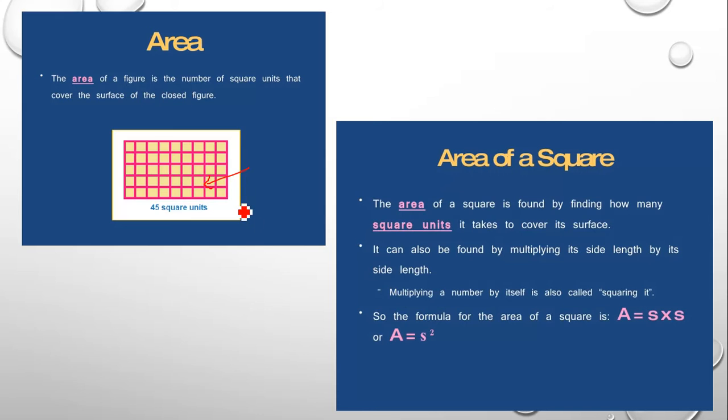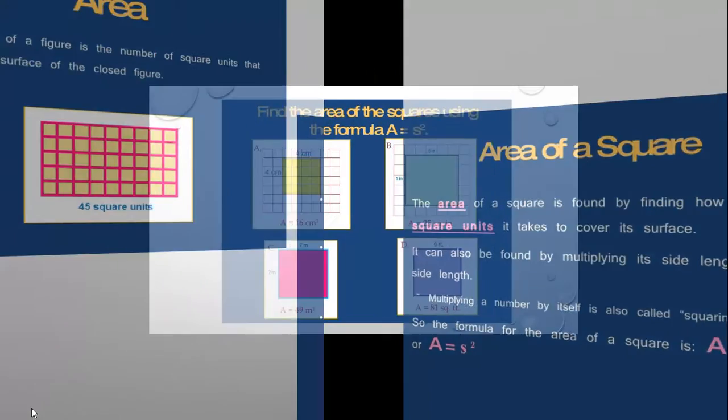It can also be found by multiplying the side length by its side length, the shorter way, as the product of its dimensions, right? So side into side in case of area of square.